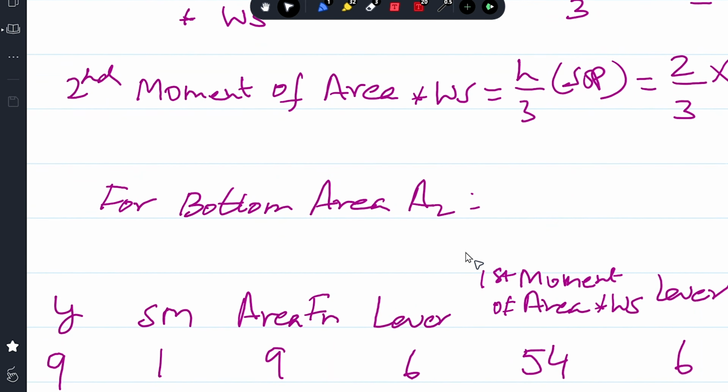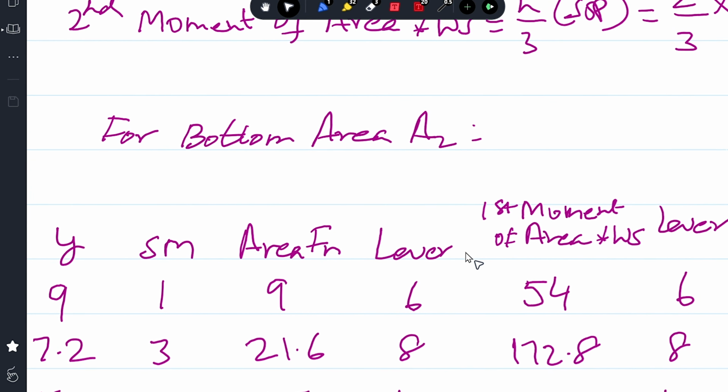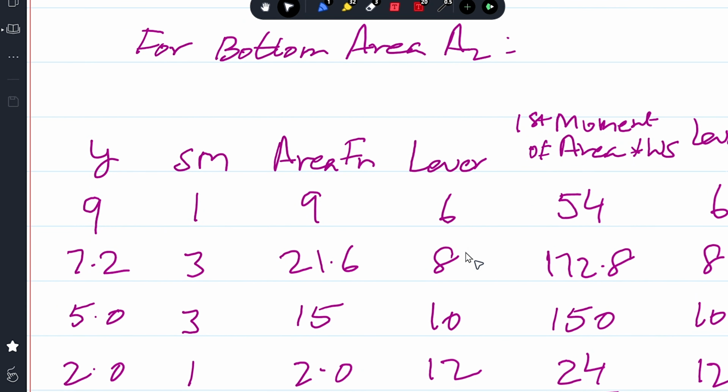Okay, now we move on to the bottom part of the bulkhead, which is area A2. We take 4 ordinates, starting from ordinate 9, 7.2, 5.0 and 2. Simpson's multiplier 1, 3, 3, 1. For the area function we multiply with the Simpson's multiplier: 9, 7.2 into 3, 21.6, 5 into 3, 15, 2 into 1, 2.